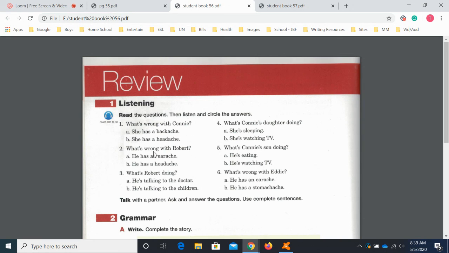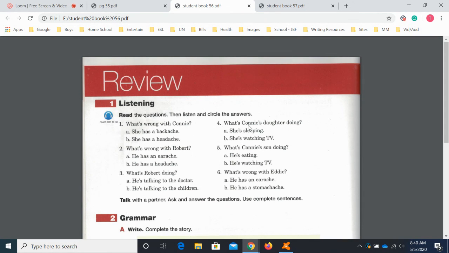The answer is A, he has an earache. Number 3, what's Robert doing? And the answer is A, he's talking to the doctor.